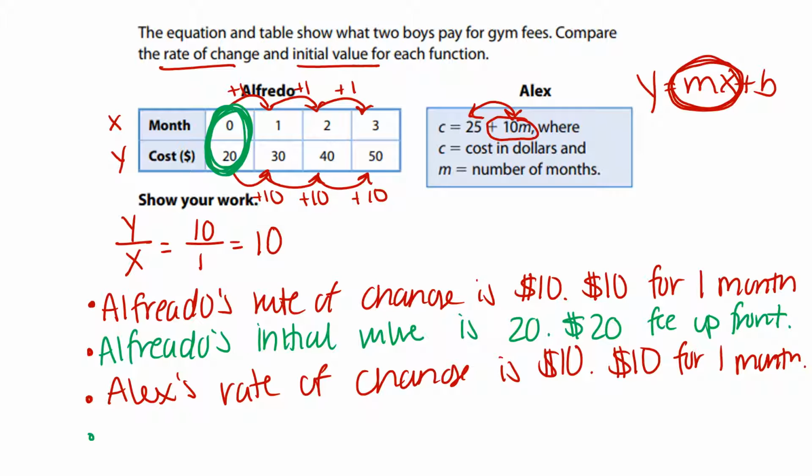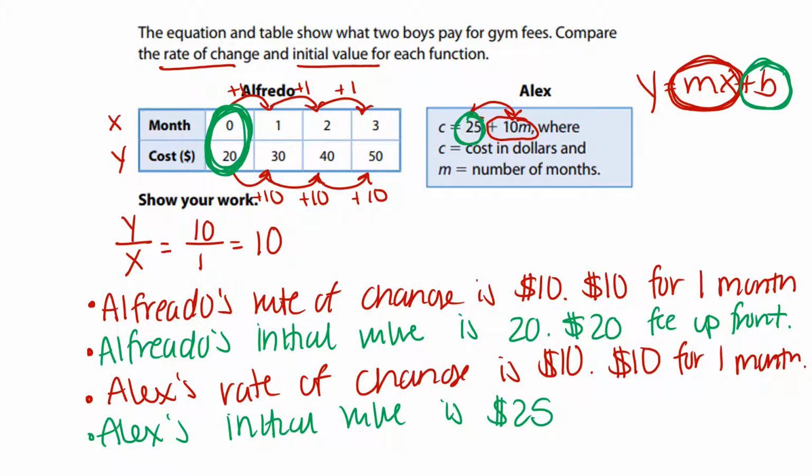Now, for Alex's initial value, the initial value is represented by the letter B, the ending number, in this case, the 25. So Alex's initial value is $25. It's a $25 fee up front. So we've made statements about the rates of change, both of them. We've made statements about the initial values, both of them.